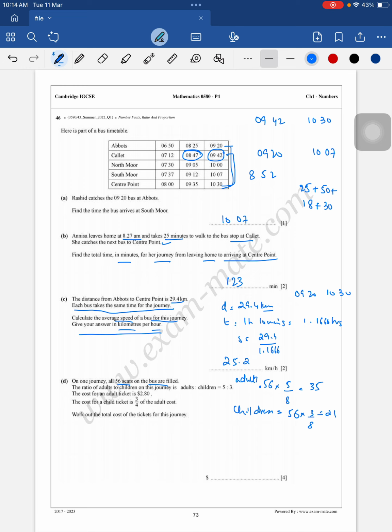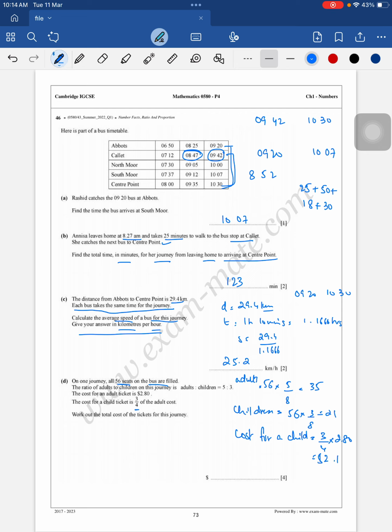Okay. The cost for an adult ticket is 2.80 and the cost for a child ticket is 3/4 of the adult cost. So cost for a child ticket is 3/4 multiplied by 2.80. It means 2.1.